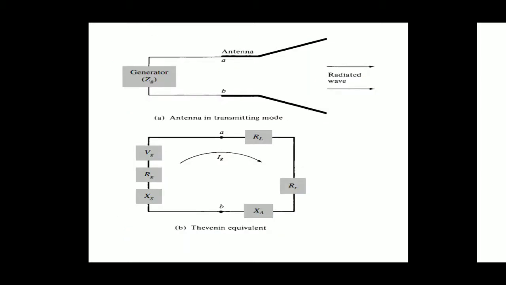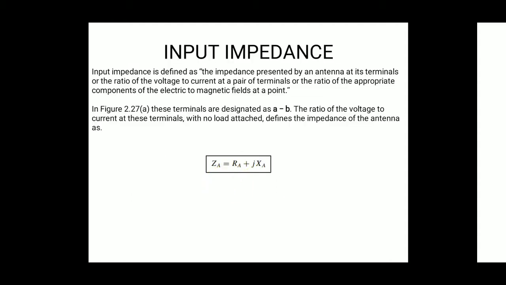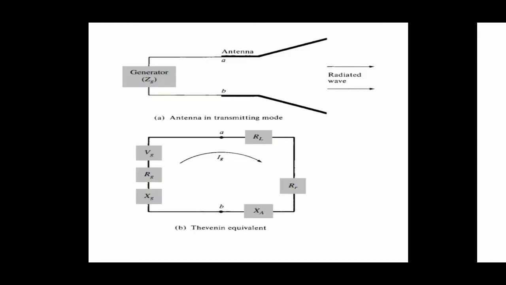So this structure represents the antenna in transmitting mode. The second thing is the Thevenin equivalent of this structure. So we can write VG is the generator voltage, RG is the generator resistance, and XG is the generator reactance. These three parameters.